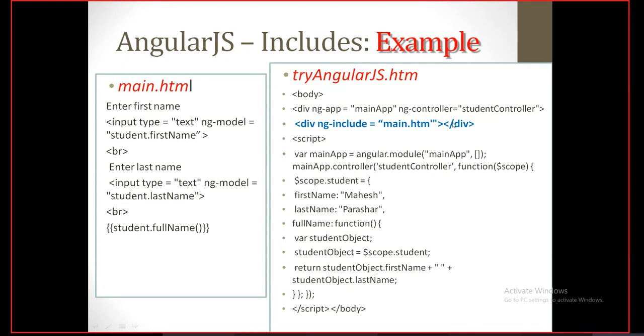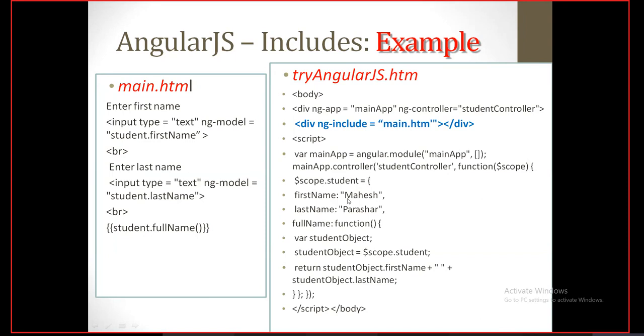On the right-hand side there is an HTML document, AngularJS.html, in which we have an Angular application module called mainApp, and we have a controller for that. This controller is going to access the data fields of the main.html file and initialize those input fields from this controller part, as you can see.